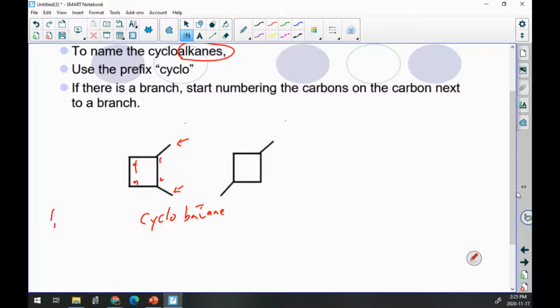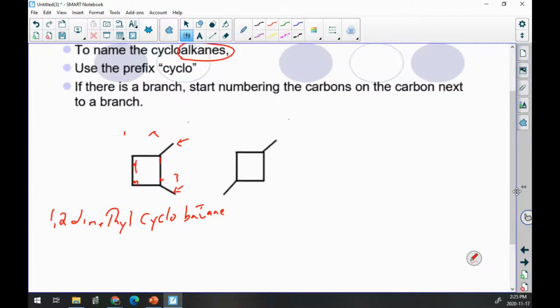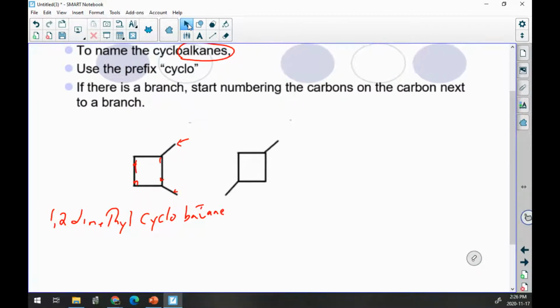Call this 1,2-dimethylcyclobutane. I number it so the branches are off the lowest numbers. I don't start going 1, 2, 3. No, I go so it's off the lowest carbon, just like we do with the normal one.